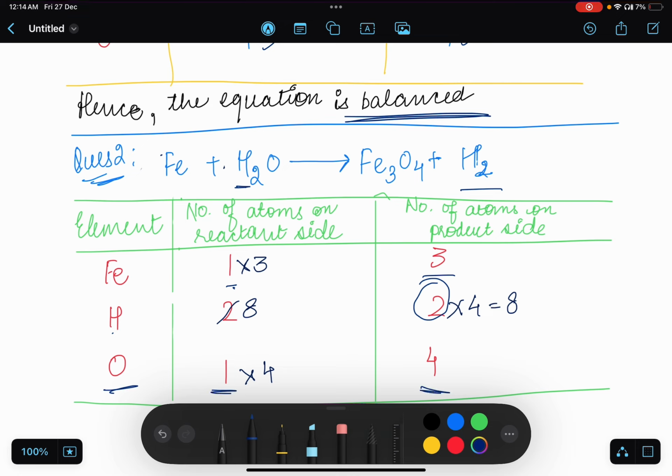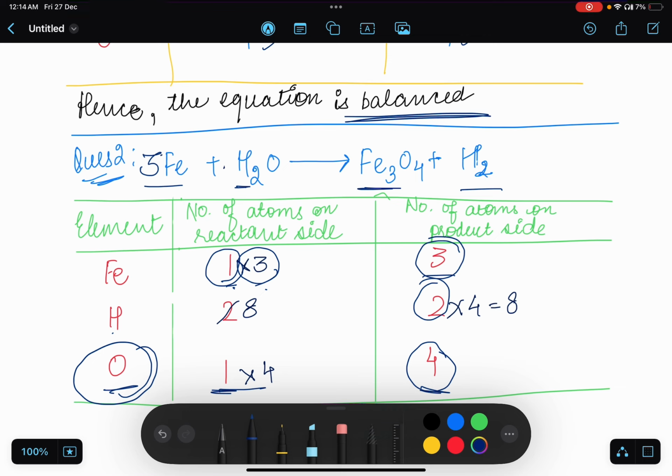So basically we'll go for the easier ones. Here we have 3, then we can multiply 1 with 3 and easily get 3. So Fe here 3, 3 Fe. Fe got balanced. Now we'll move to oxygen. When we balance oxygen, 4 and 1, so multiplying 1 with 4 we get 4. So here we'll do 4. Now when we have multiplied it with 4 we get 4H2, meaning 8 atoms of hydrogen.